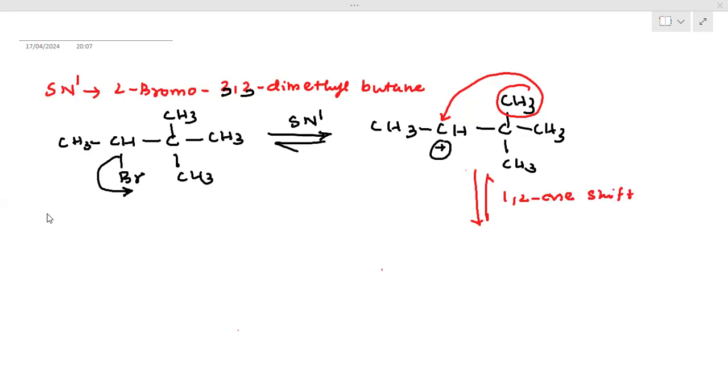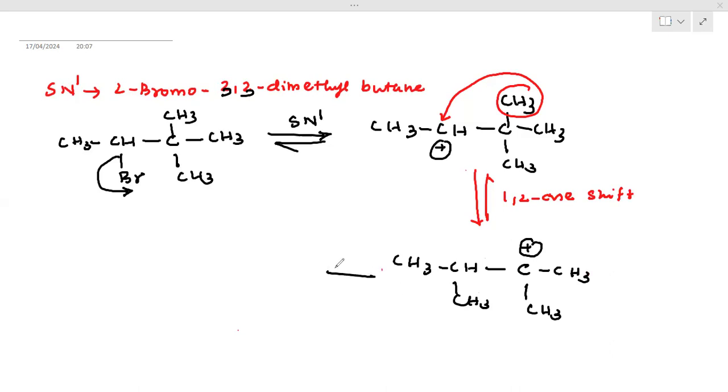So the reaction becomes CH3, CH3, then carbon, methyl, then positive. This is called a tertiary butyl cation.